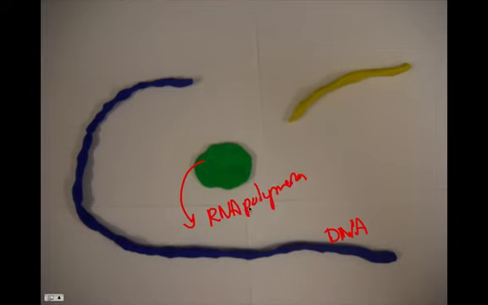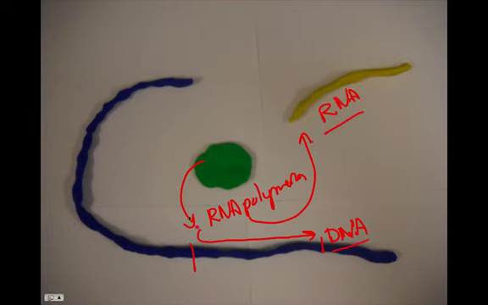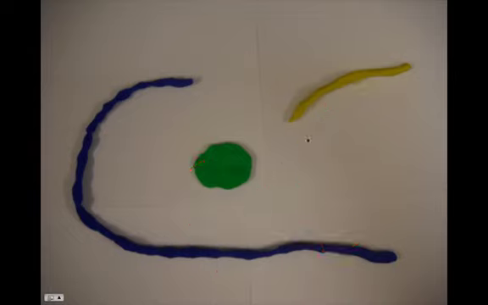And the RNA polymerase is going to transcribe the DNA template, the transcription unit, and catalyze the synthesis of RNA. So DNA serves as a template for the enzyme RNA polymerase to catalyze the RNA. That's the work that's going to get done during transcription.